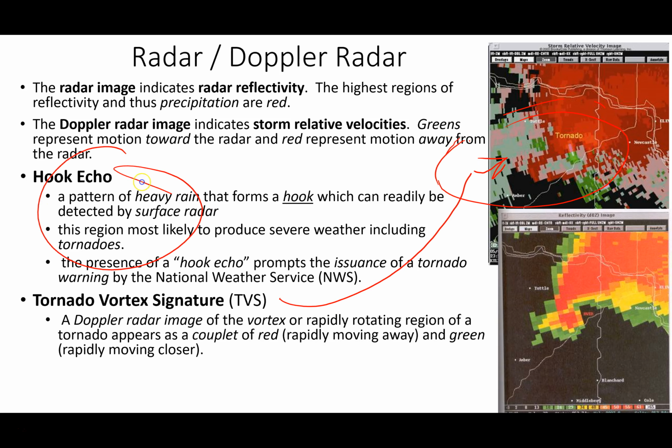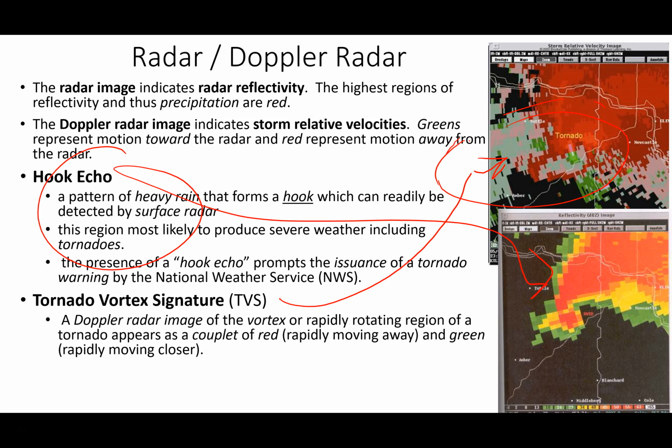Hook echo right here. On the study guide, you have bow echo. Is that the same thing as the hook? No. I'm probably going to have to take a look at that. The bow echo was, remember when I had a squall line? This is like my map of the United States, and here's Canada up here, and we had all of these thunderstorm cells.